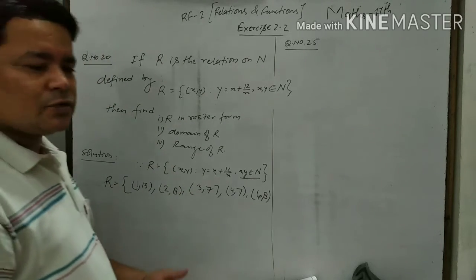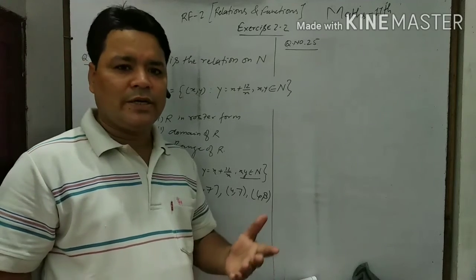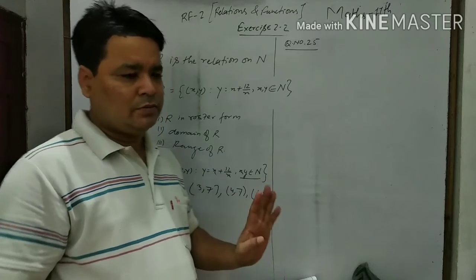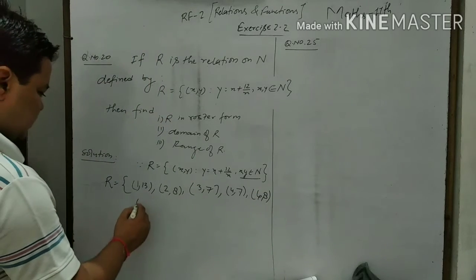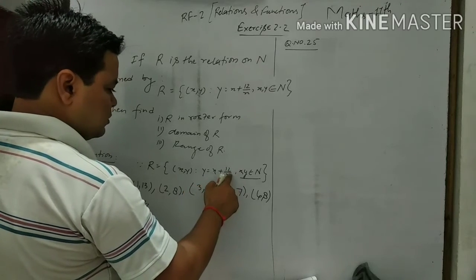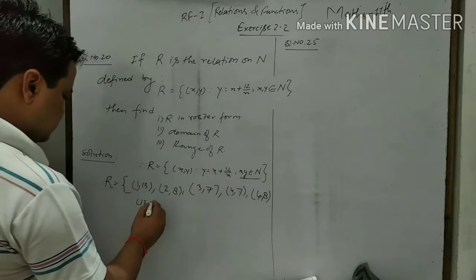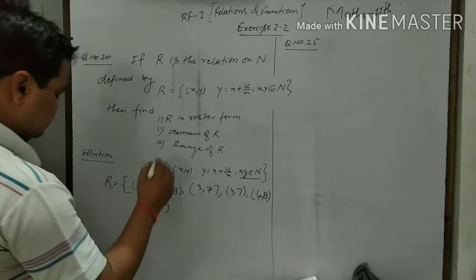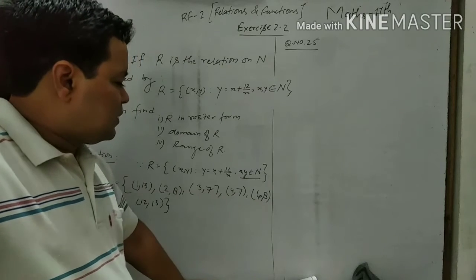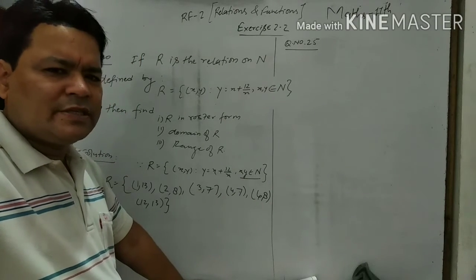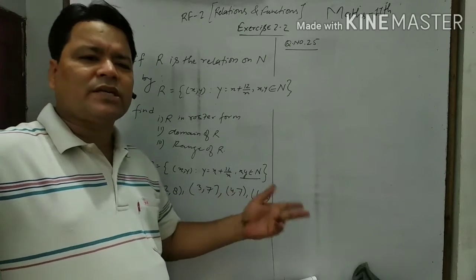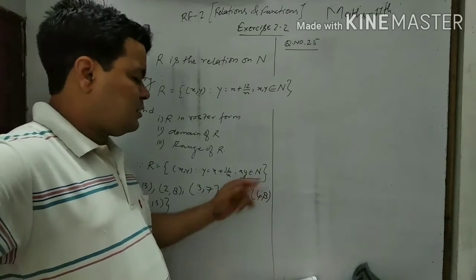Similarly, we cannot take 8, 9, 10 or 11. We are able to take 12. If we take 12, then 12 + 12/12 is 12 + 1, which is 13. After that, if we take 13, 14, 15, 16 and so on, whatever number comes will be in fraction or decimal form, which is not a natural number.